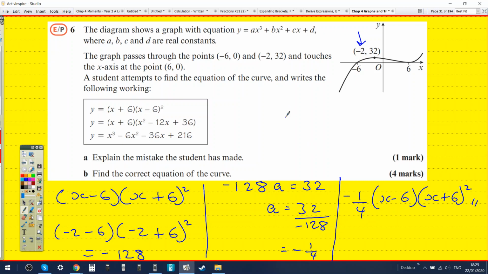So strange, I never would have thought of that, but that's what it's saying in the exam. Questions will take the shape of: explain the student's mistake. Well, they put the x minus 6 as squared, but it should have been x plus 6 squared. Yeah, that's true. So they made two mistakes. That's a good one to pick.